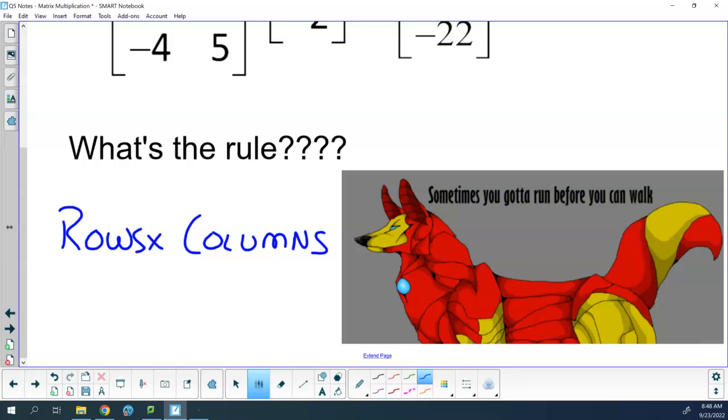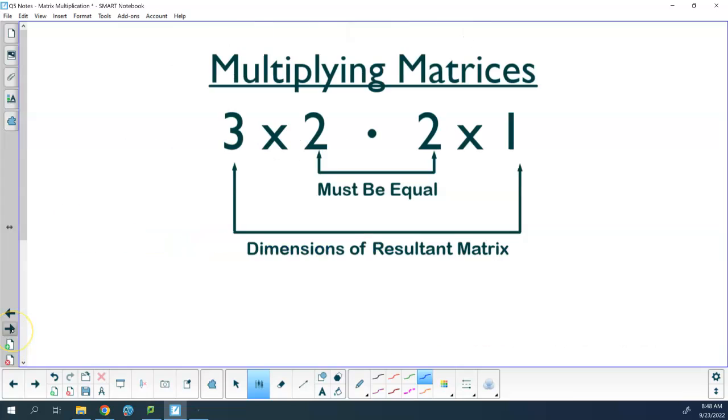The downfall with matrix multiplication is that not every matrix can be multiplied by another matrix. The first step is you got to line up the sizes of the matrices.